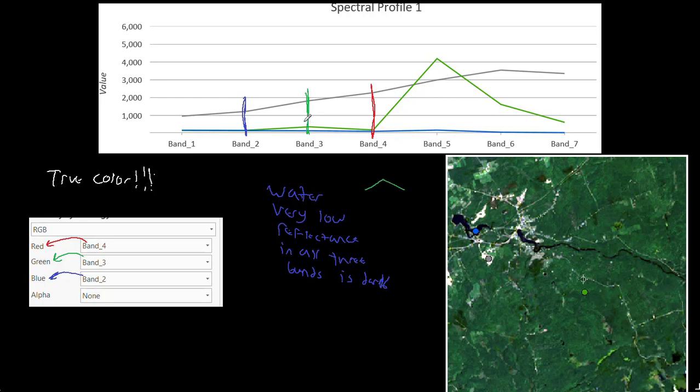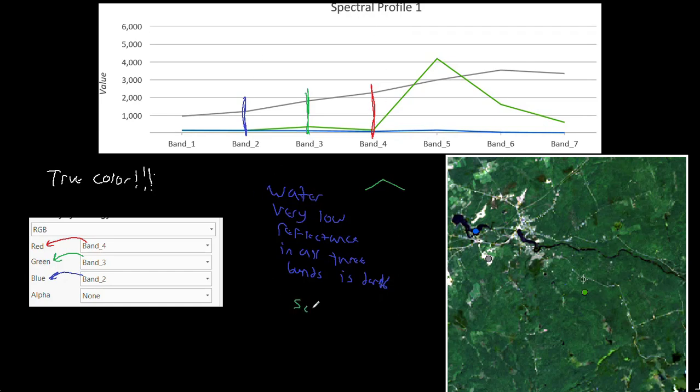Because you're getting some green, it's going to be green in overall color. Because this value isn't super high, it's going to be a dark green. So that's why vegetation appears dark green, because the overall reflectance is still relatively low, but you're getting some contribution of green, especially relative to blue and red.